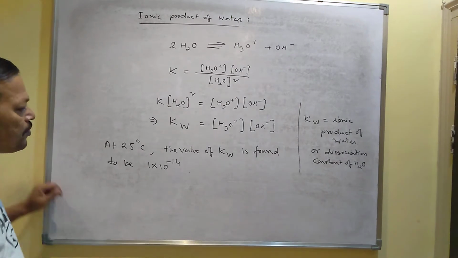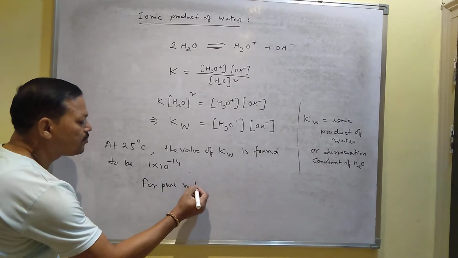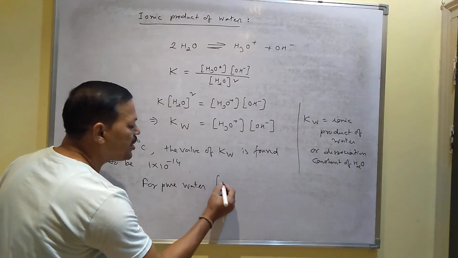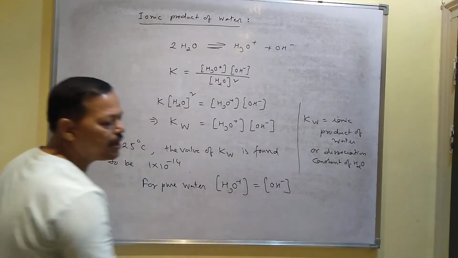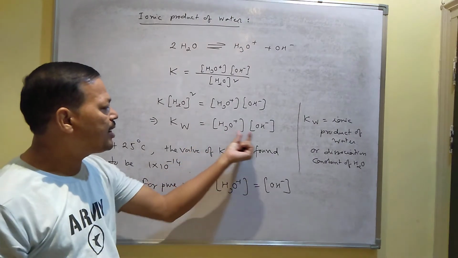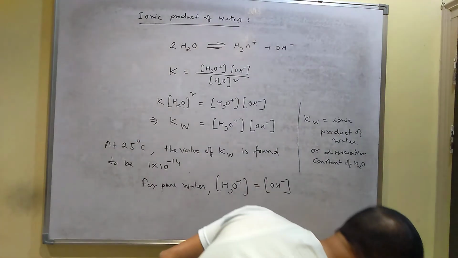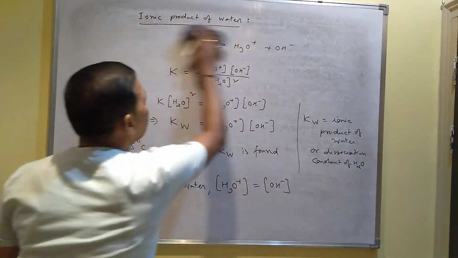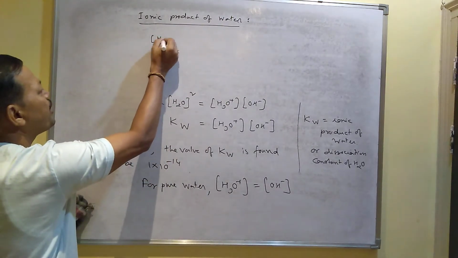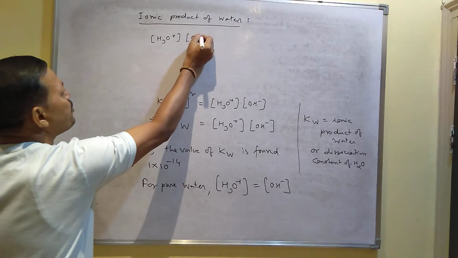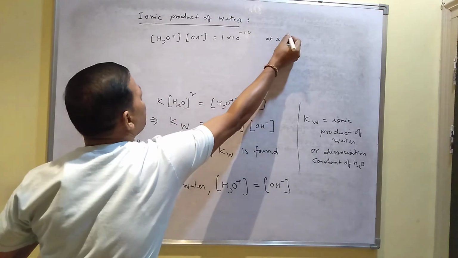Experimentally it is found. And if your water is pure, for pure water, the concentration of hydronium ion is always equal to the concentration of hydroxide ion. I mean the value of this and the value of this will be equal in case of pure water. Since their value is the same, the concentration of hydronium ion times the concentration of OH minus ion is equal to 1 into 10 to the power minus 14 at 25 degrees Celsius.